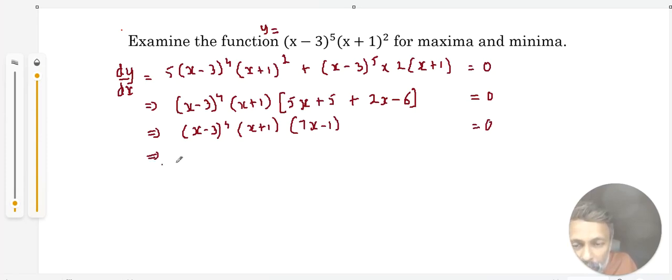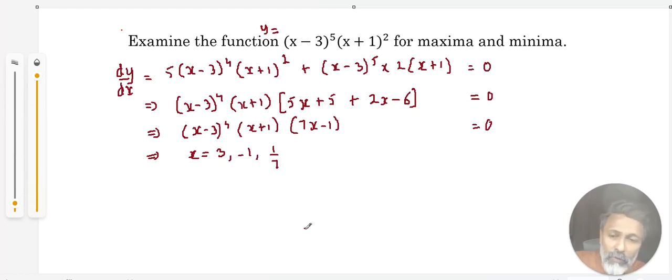Clearly these are turning points, or it could be inflection, we do not know, but the critical points that we are getting are x is equal to 3, minus 1 and 1 upon 7. Now to solve further, we have two choices. Either we use the first derivative test or the second one.